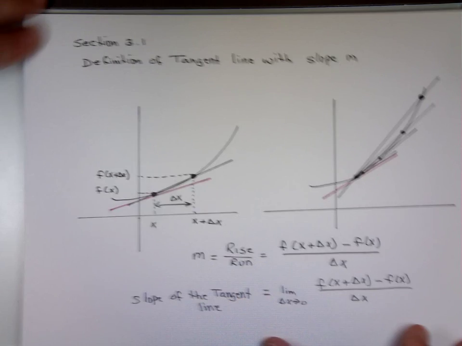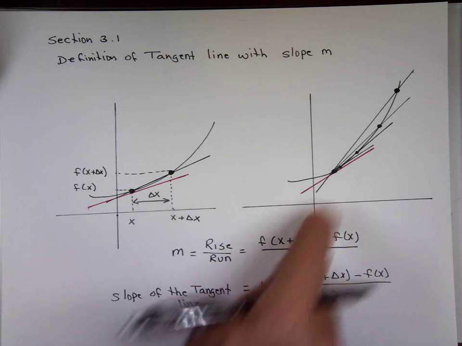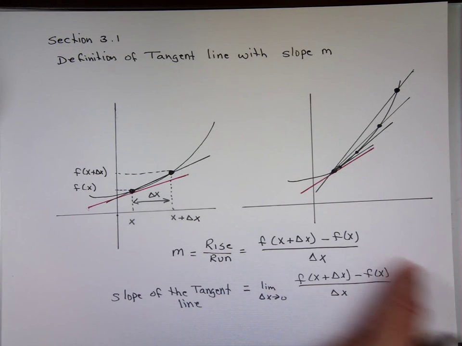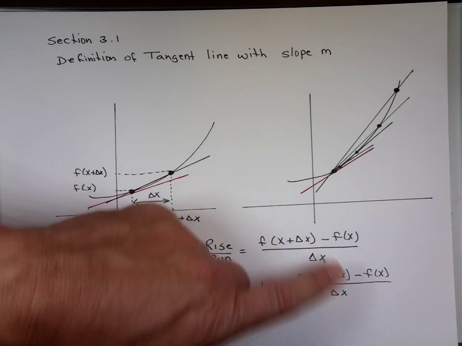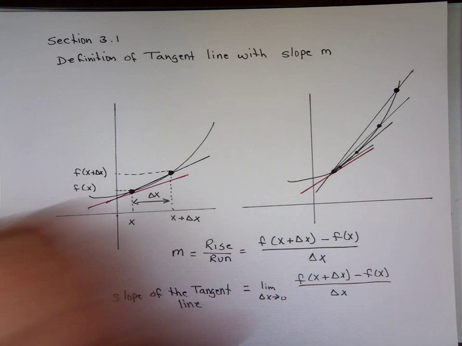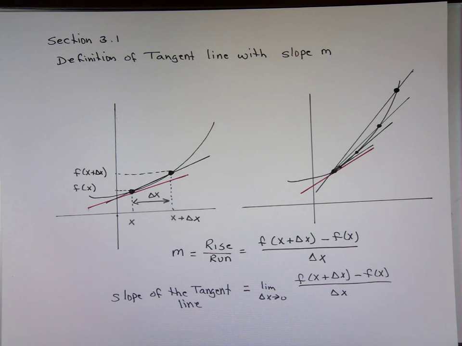So if you want to find the slope of a tangent line at a point, you need to follow this process. Do the rise over the run, pick 2 points very close to each other. How close? Such that the gap between them is almost zero. The 2 points are right next to each other. If you do the rise over the run, you will have the slope of the tangent line.